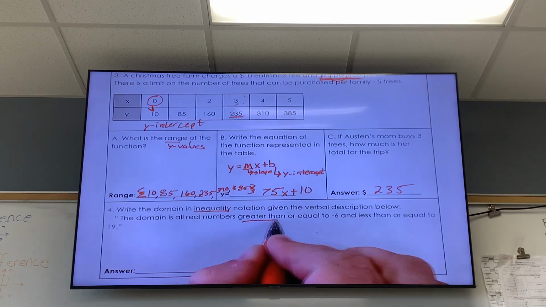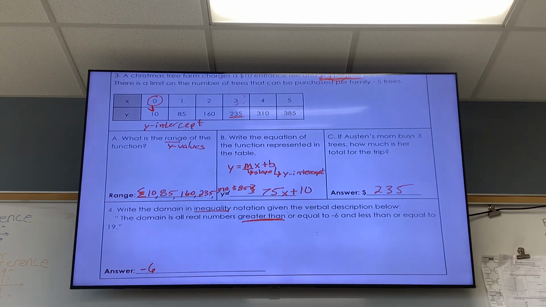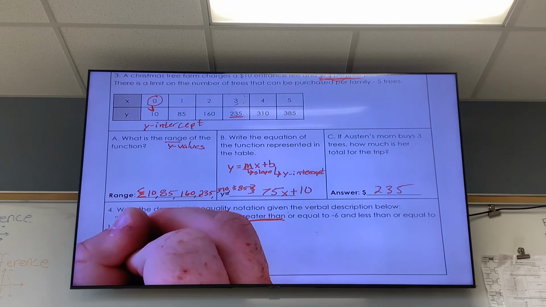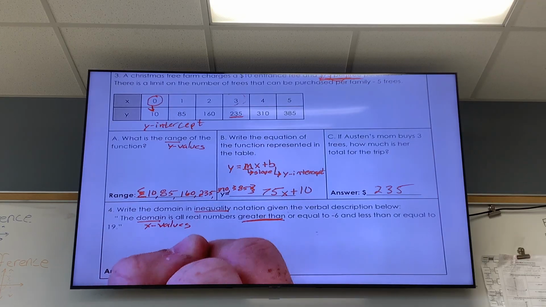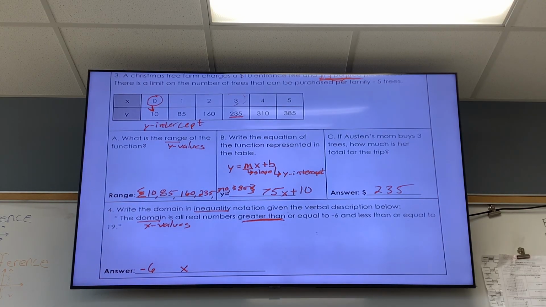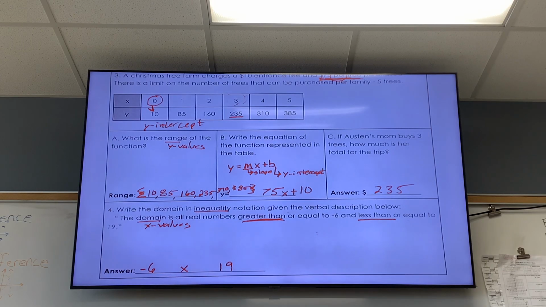So since we have a greater than, that's going to be our lower limit, so we put our -6 there. We're talking about our domain, so we're talking about our x values, so we put our x there. And then it goes on to say, and less than or equal to 19. So 19 is our upper limit. We put in our less than symbols.